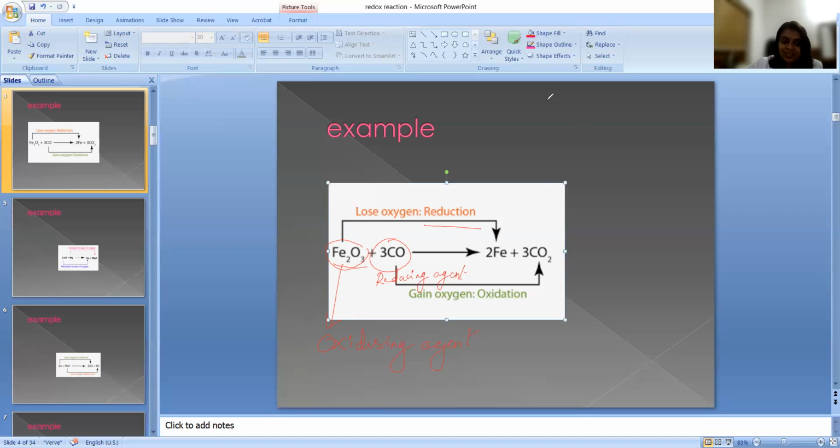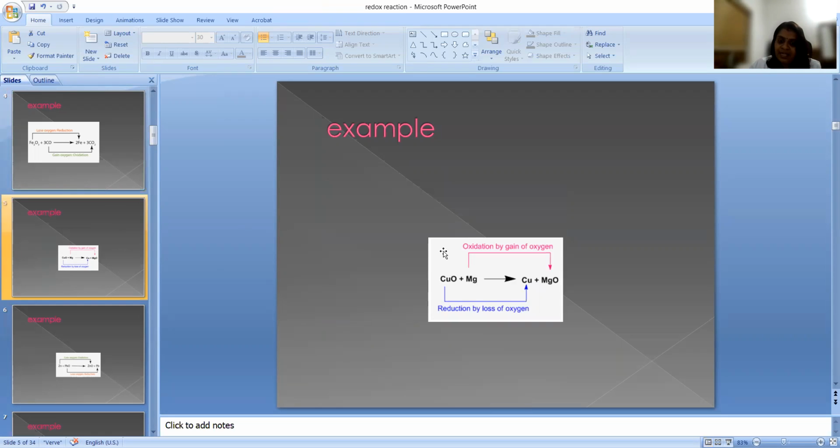Let us see another example in which oxidation and reduction take place. Here, copper oxide is reacting with magnesium. Copper oxide is losing its oxygen, so that is reduction, and magnesium is gaining oxygen, so that is oxidation.